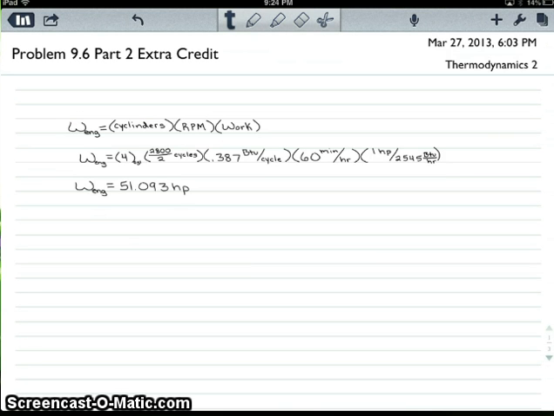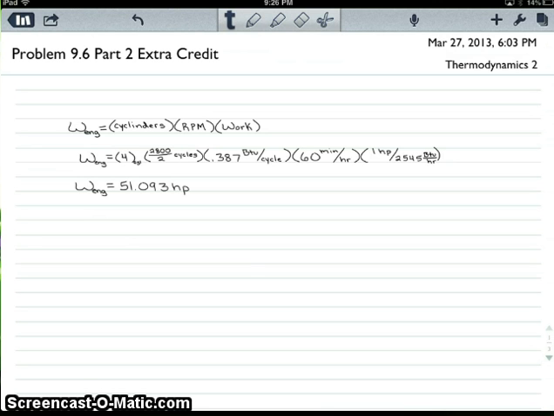Now that we have this information, we can calculate the total power of the engine. One thing to note is that 2 revolutions equal 1 cycle. So, as you see in our initial equation, power of the engine is equal to cylinders times RPM times work.